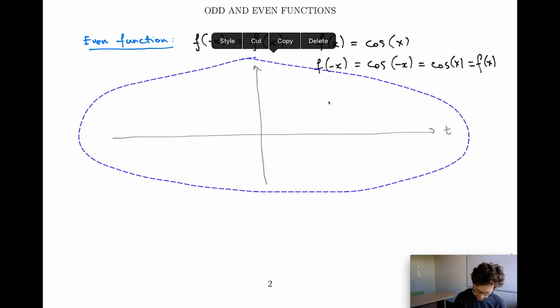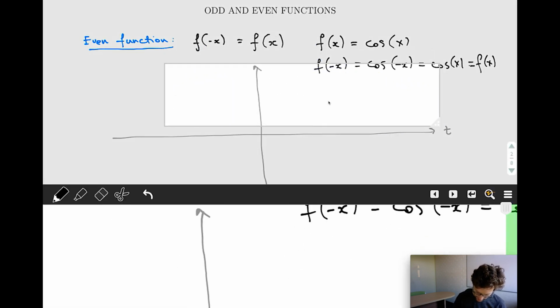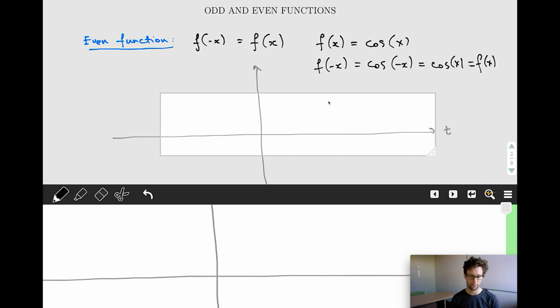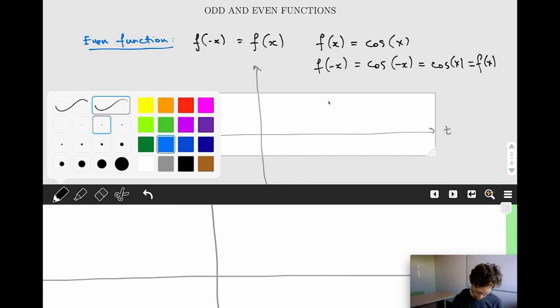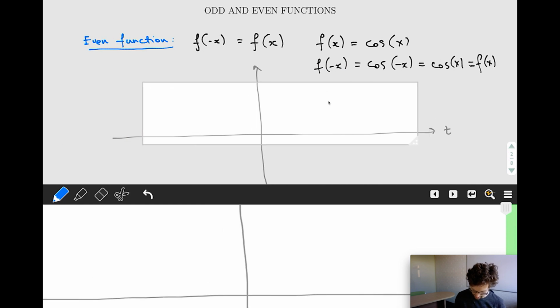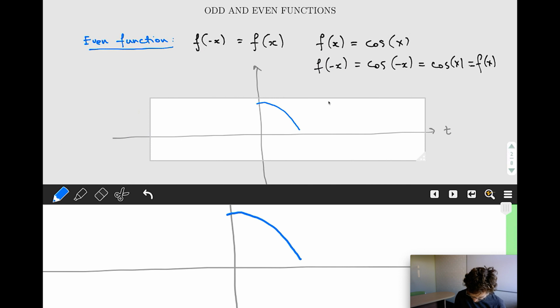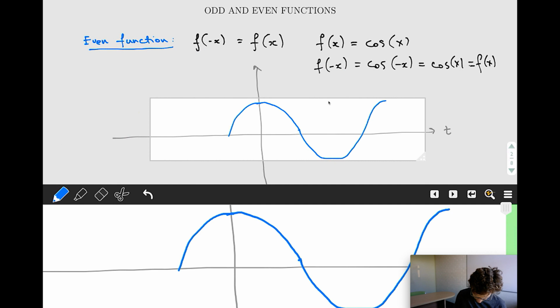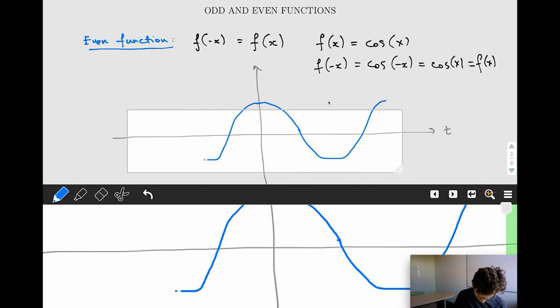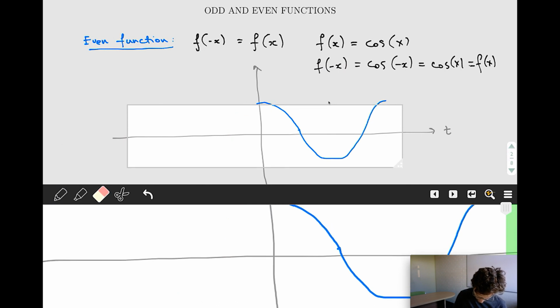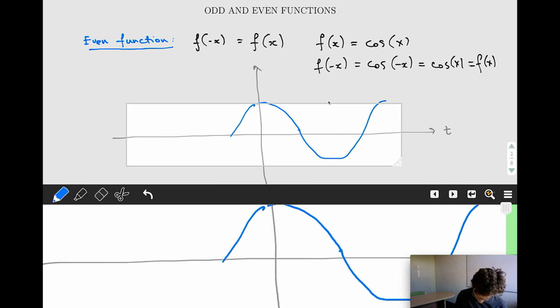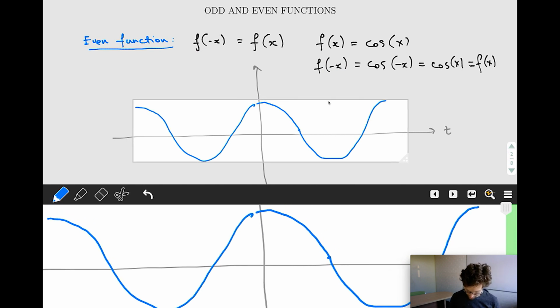So again, I'm going to sketch my function cosine of x. That's my typical example of an even function. So cosine does something like this. It's obviously a periodic function, and it's repeating itself every 2 pi units.